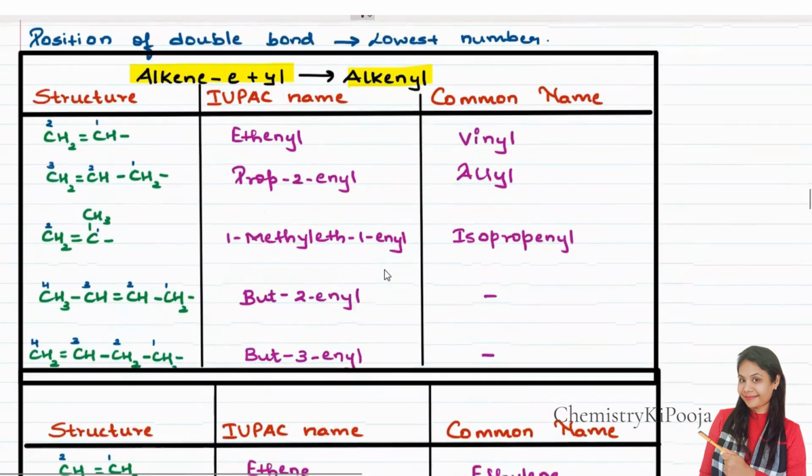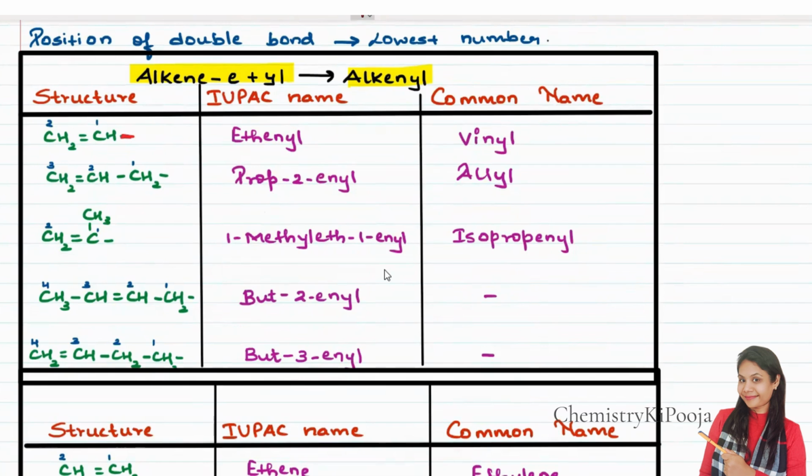Coming to alkene, the very first one is this structure. As I said, this structure is not a complete structure. In the previous video also, I have discussed the alkyl group. So, this is nothing but the alkenyl group. Now, this is not a complete structure. The presence of this bond means it is going to be bonded to some other group.